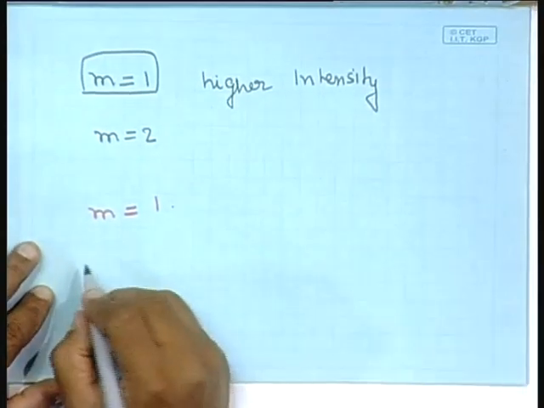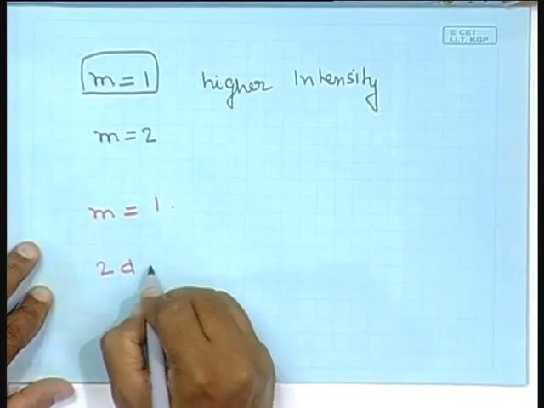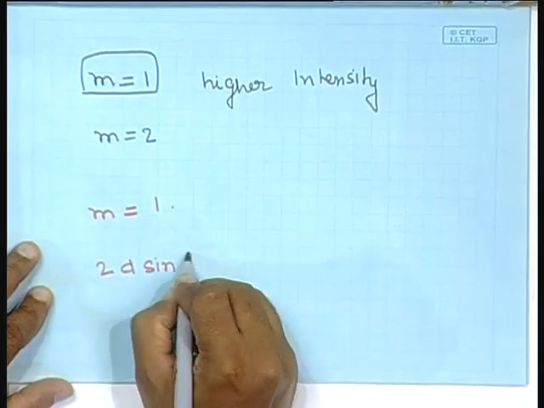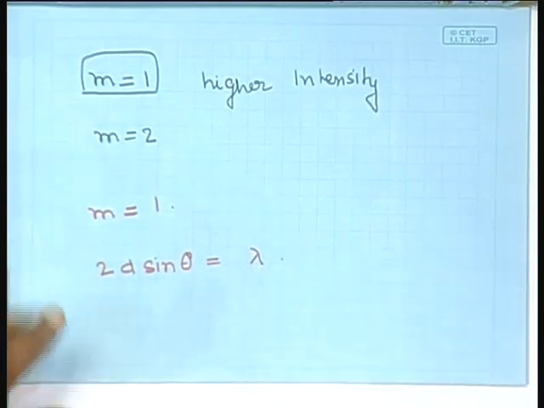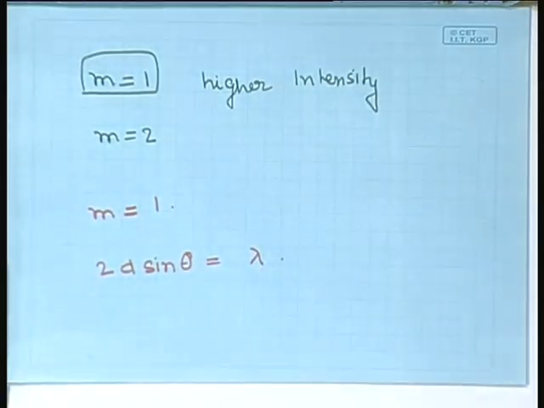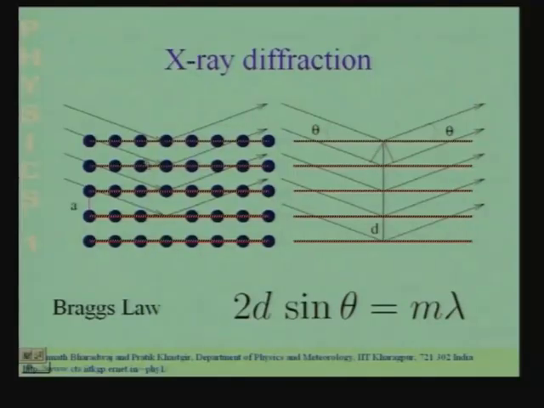So, the condition for maxima is 2d sin theta is equal to lambda. Now, there are many possible planes which can be drawn through the crystal.